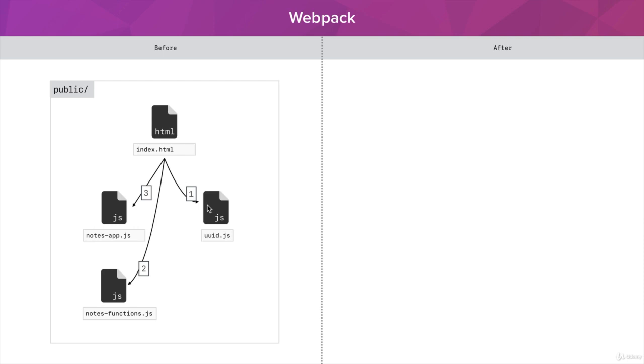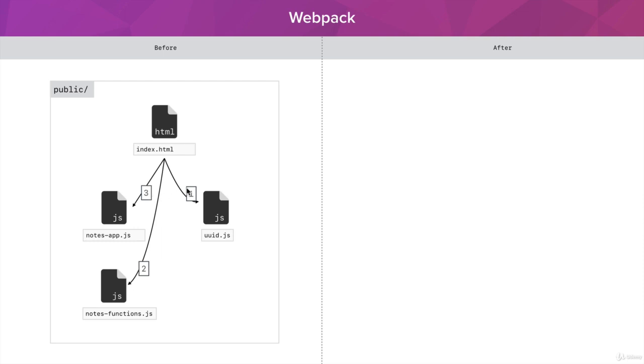Now, all of this creates a few problems. First up, we have three script tags. That means we're making three requests from the browser to the server for a new JavaScript file. Making those requests and then waiting for a response takes time. So we want to minimize the number of requests, getting it down to just one, a single file that contains everything. The other problem is that because the files need to be loaded in a specific order, it's really hard to share code between those files.